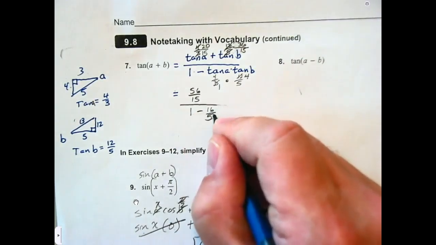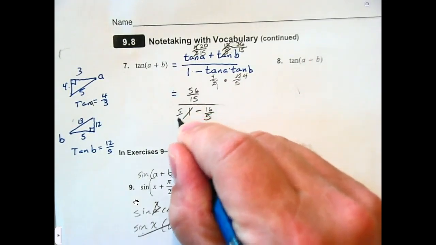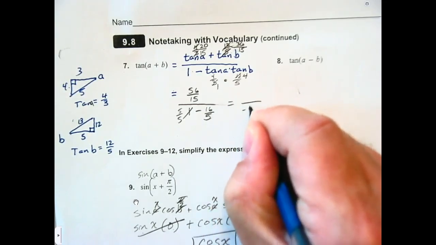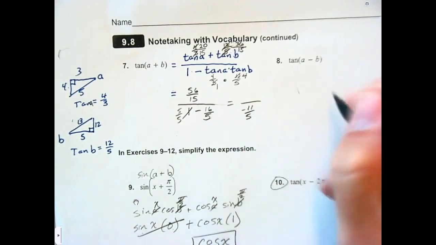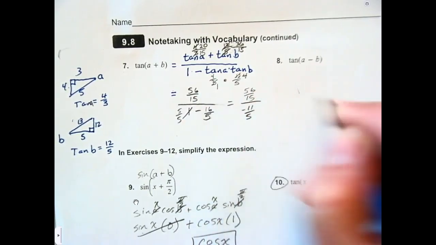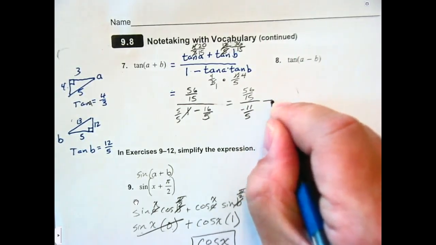Okay, what is 1 in terms of fifths? It's 5/5. So 5/5 minus 16/5 is negative 11/5. And 56 over 15. We don't divide, right? We multiply by a reciprocal.